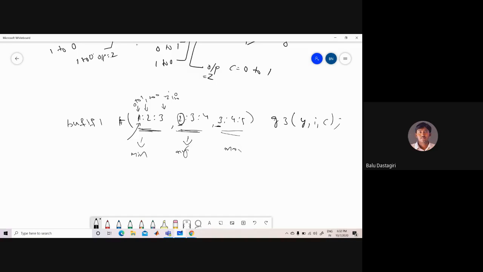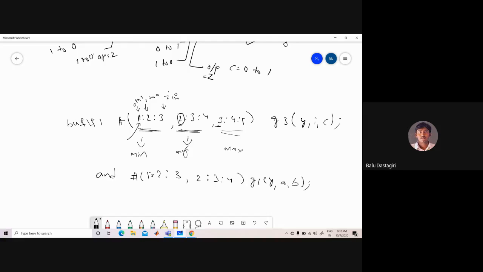Now for example, if you take an AND gate, AND #(1:2:3, 2:3:4) G1 (Y, A, B). What is the meaning of these? A and B are the inputs and Y is the output.